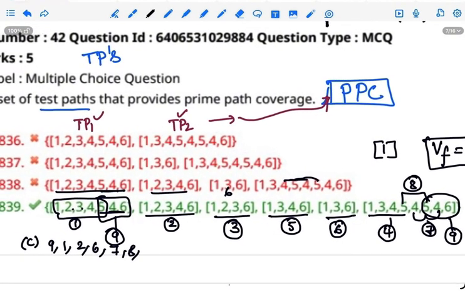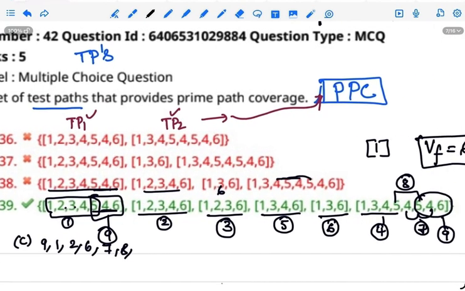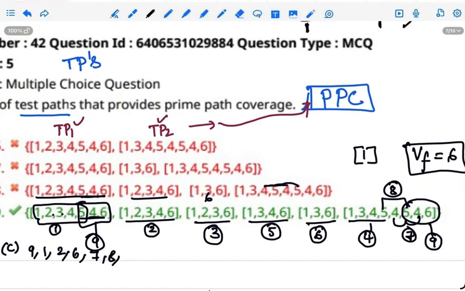So 5 is 1 3 4 6. So 5 is not covered. So for this option C, prime path 5 is not covered. And next 1 3 6 is covered. 4 is 1 3 4 5, so 4 is covered. 9 is 5 4 6, also covered.